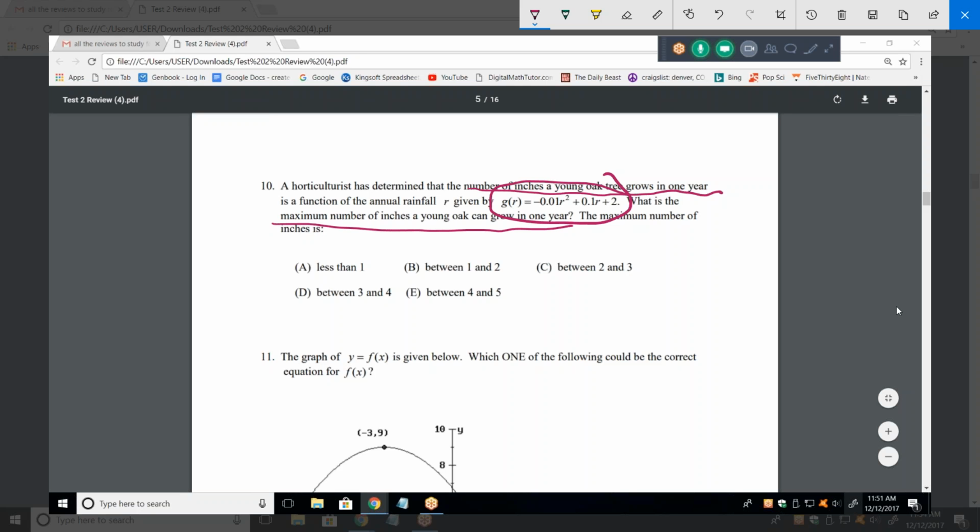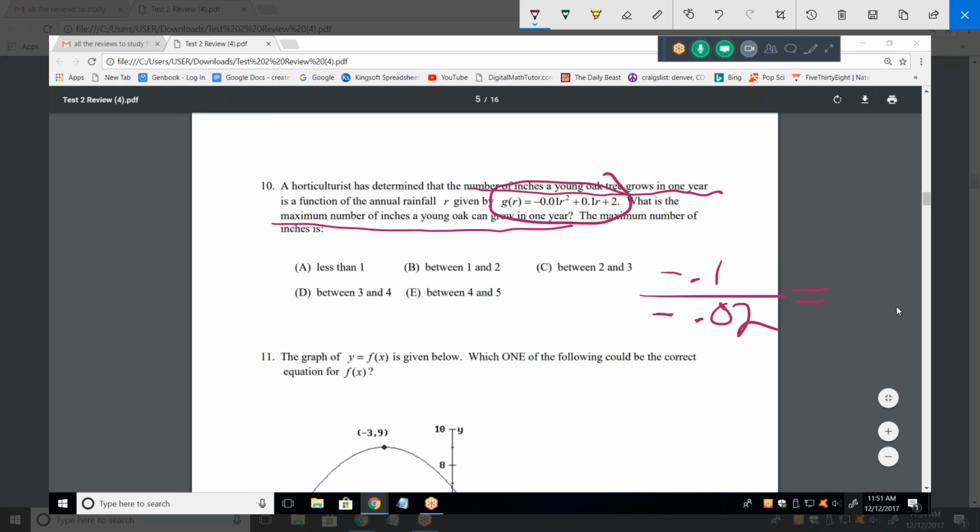I think with the numbers we're looking at, what's minus b? Minus 0.1. What's 2a? 0.02.